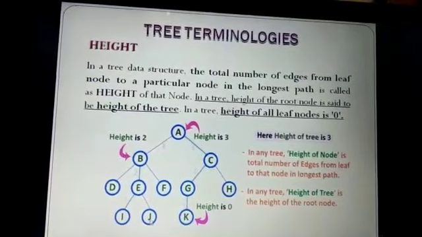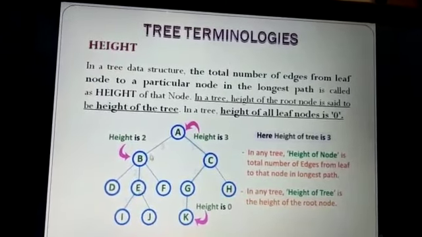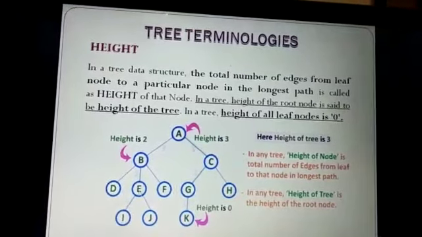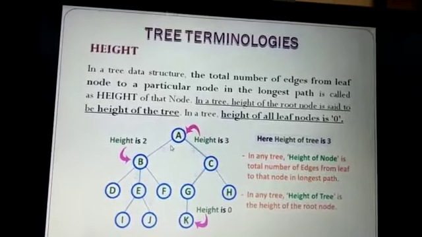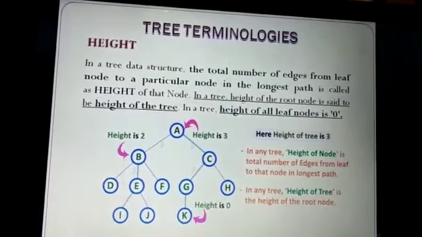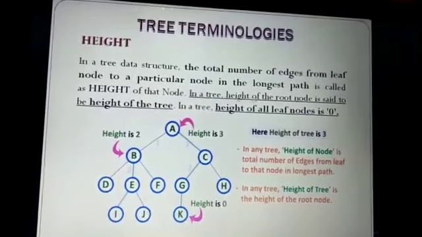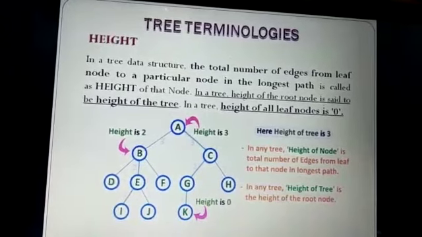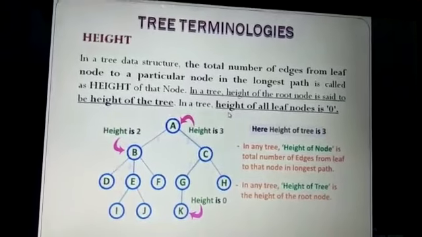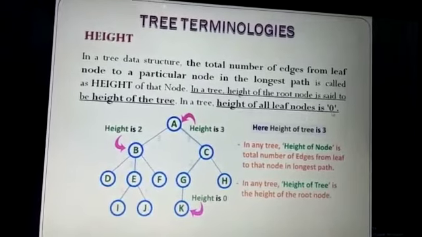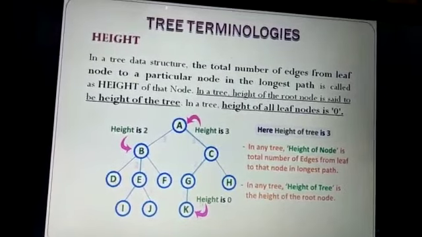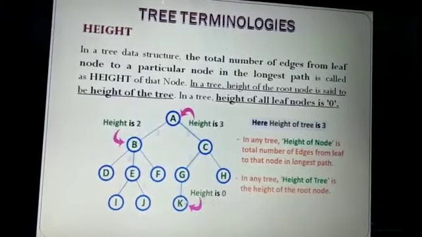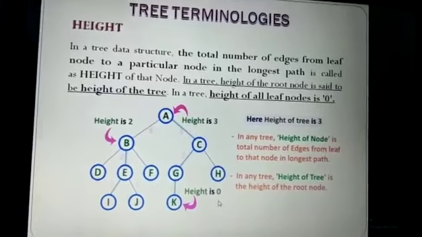In a similar way, from J to E, E to B, B to A, or I to E, E to B, B to A, the maximum length is 3. So, it is the height of this tree. In a tree, the height of the root node is the height of the tree. The height of all leaf nodes is 0 because leaf nodes don't have children.